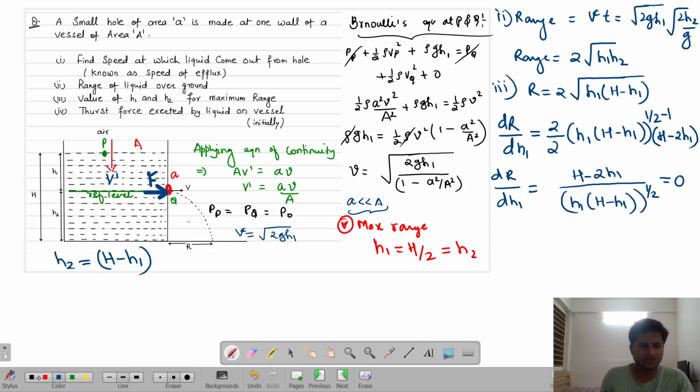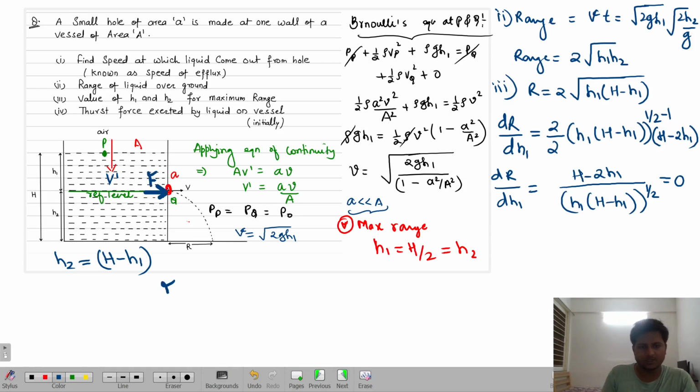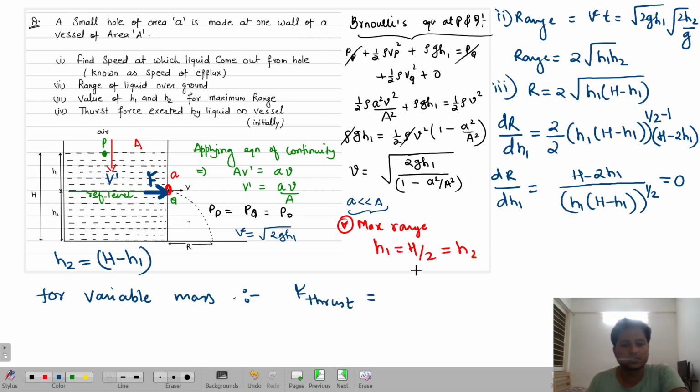Now, so simple. What is the thrust force over here? Remember, whenever there is a variable mass, liquid is coming out and the container is getting emptied, I'm writing this concept for variable mass: always the thrust force, like it is used in the rocket concept also, is exactly equal to the velocity into the rate of change of mass with respect to time.